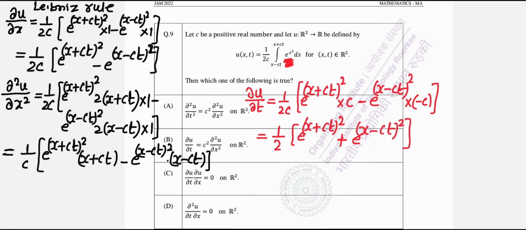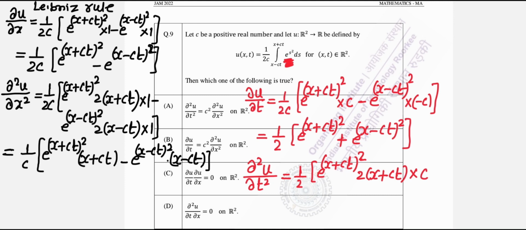Okay, fine. Now we differentiate this one with respect to t again. So this time del square u by del t square, and this will be 1 by 2, and here will be e to the power x plus ct whole square, and using the chain rule, the next will be 2 into x plus ct, and x plus ct differentiated with respect to t will give you c.